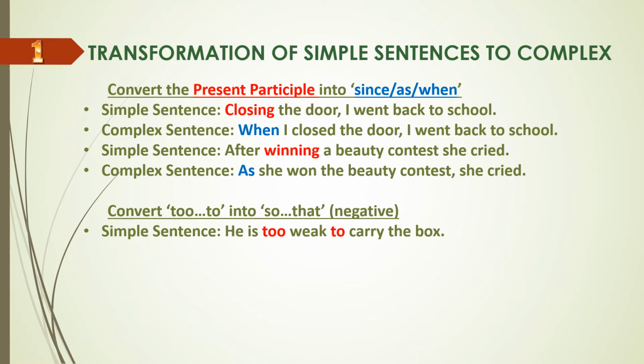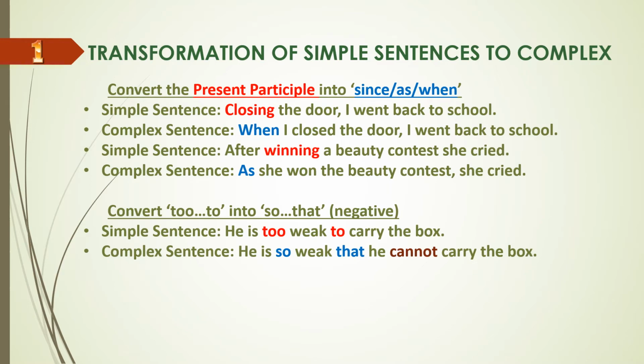Now both these to's change into so that, and the sentence becomes negative when you make it complex. He is so weak that he cannot carry the box. To and to changing to so and that, and an affirmative sentence changes into a negative sentence, and you can see because we have the word cannot.